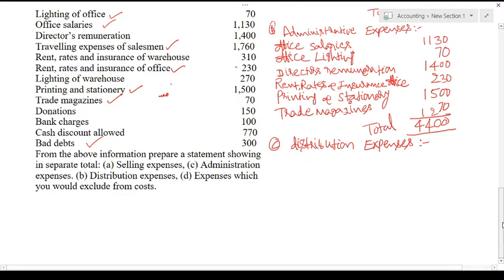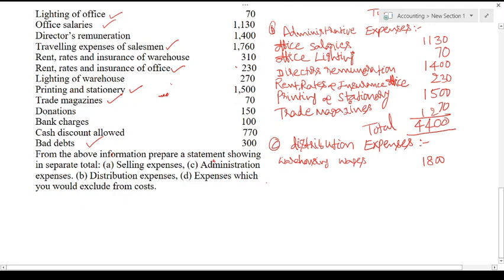Under distribution expenses, warehousing wages, it is 1800 rupees.